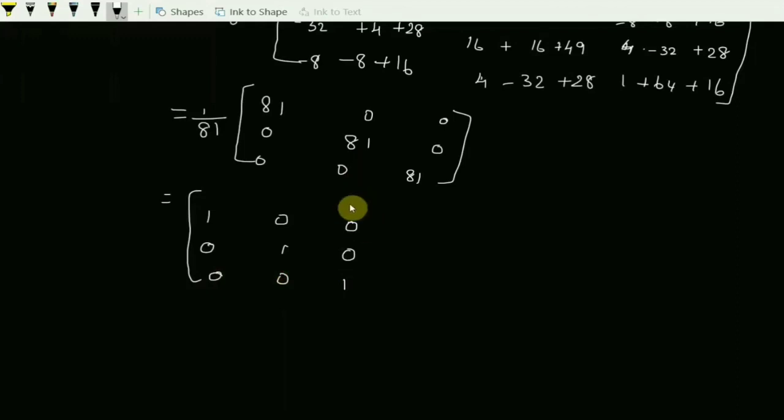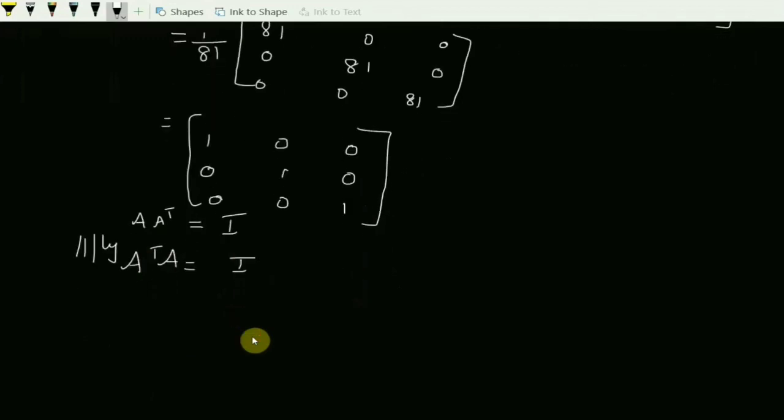So we have now proved A into A transpose is I. Similarly, A transpose into A, if you multiply, will also be equal to I matrix. So that means the matrix A is an orthogonal matrix.